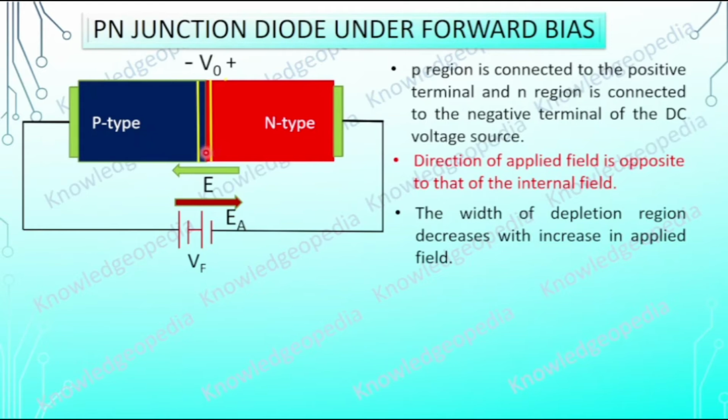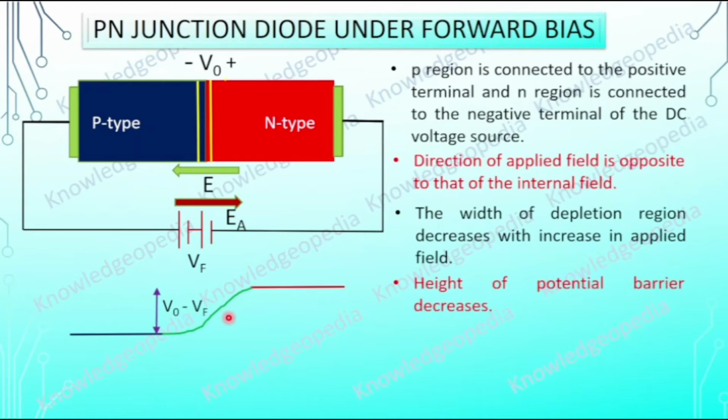Now if the width is decreasing, what will happen to the barrier height? That will also decrease. Earlier it was V0, now it is reduced to V0 minus Vf. That means the height of the potential barrier decreases. Thus if I keep increasing the value of Vf, this width will keep decreasing and finally it will disappear.